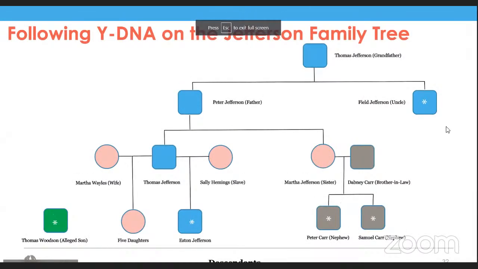So for Thomas Jefferson's family tree, since the estate was not comfortable pulling DNA directly from Thomas Jefferson himself, they were able to test the DNA of descendants from people who were related to him. So up here in the top right corner, we can see the name Field Jefferson, who is listed as Thomas Jefferson's uncle.